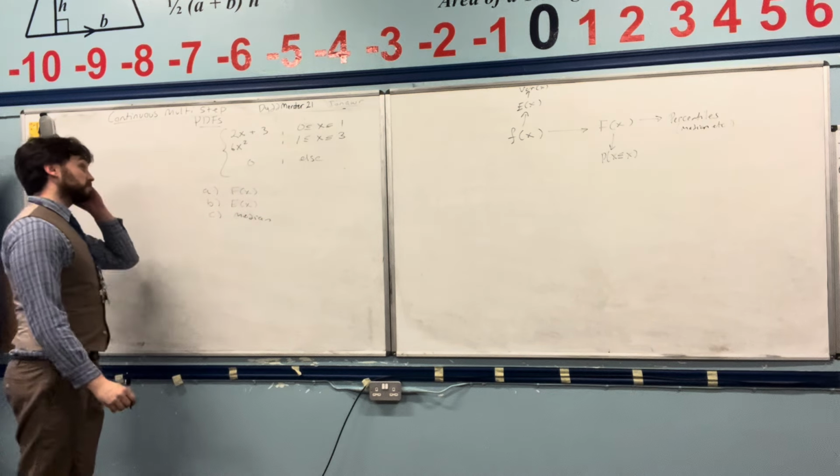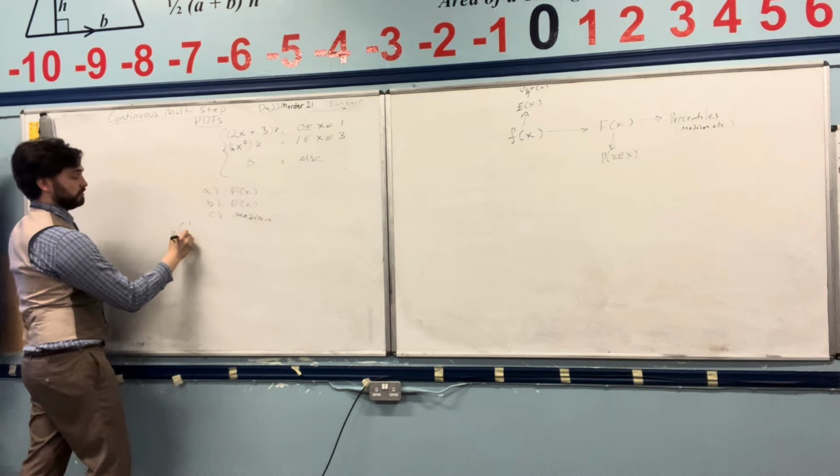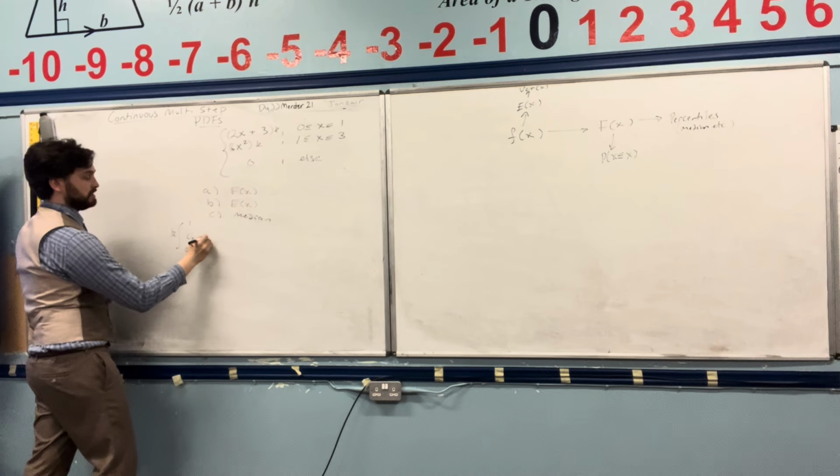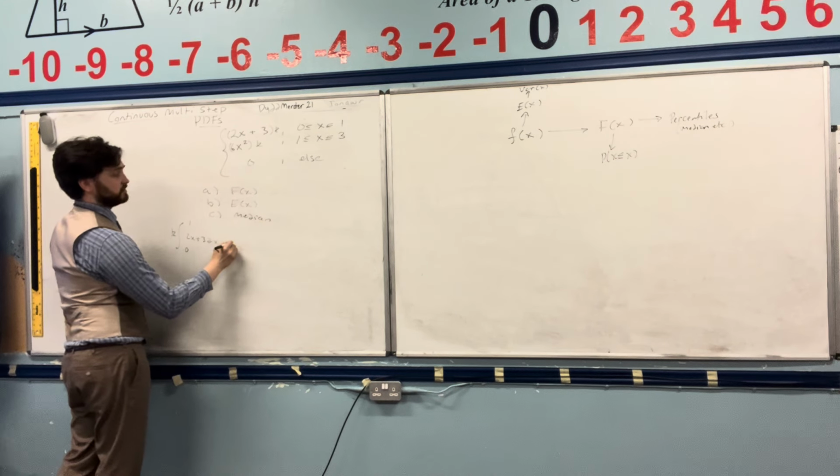Okay, so here is the distribution, and before I can even use this, I do need to normalize it. So timesing it by some normalization constant k, we have that the integral from 0 to 1 of 2x plus 3 dx, plus k times the integral of 6x squared dx from 1 to 3, must equal 1.